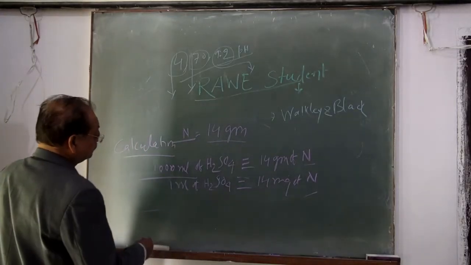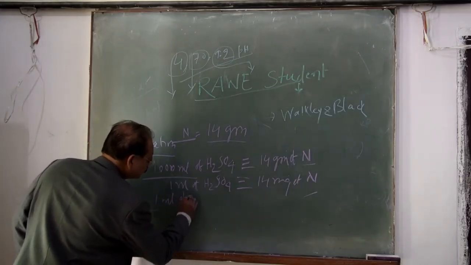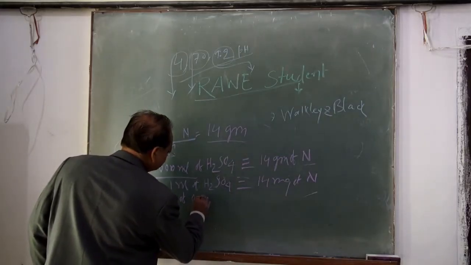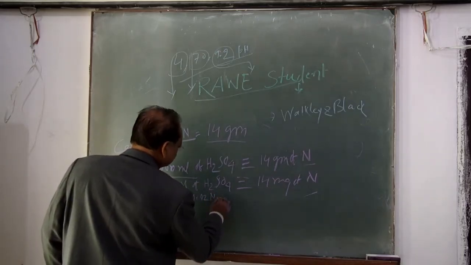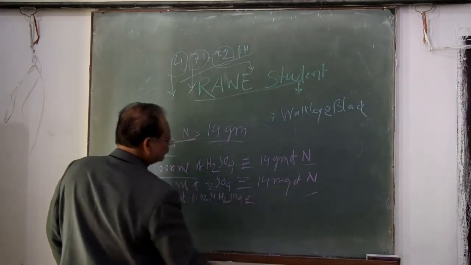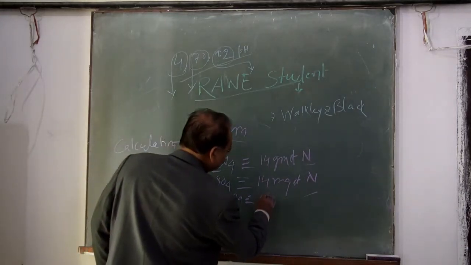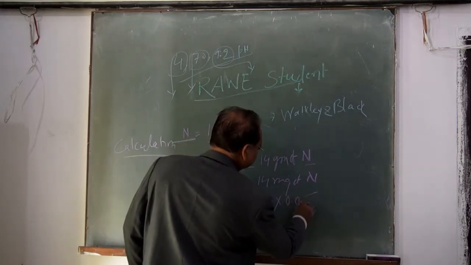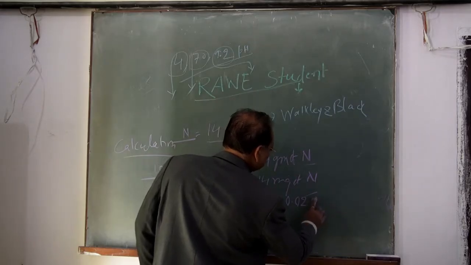Now the second step: 1 ml of 0.02 N H2SO4 is equivalent to 14 into 0.02 milligram of nitrogen.